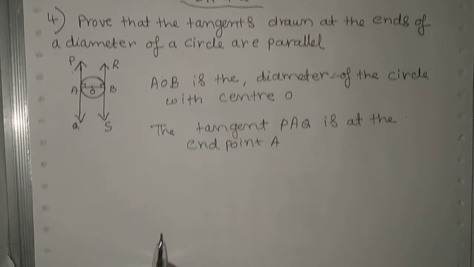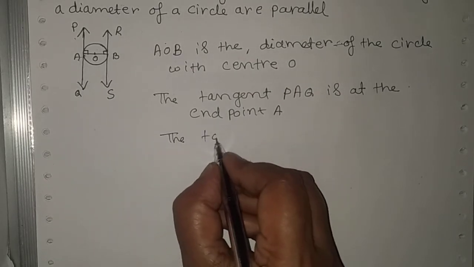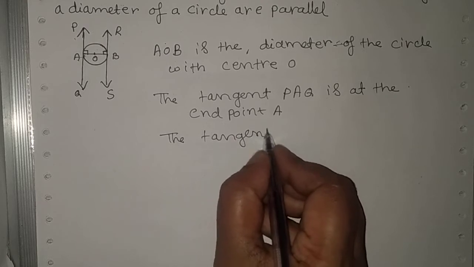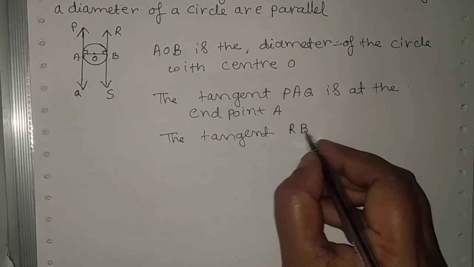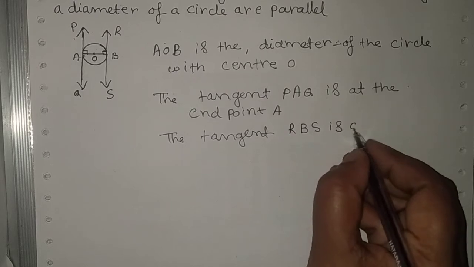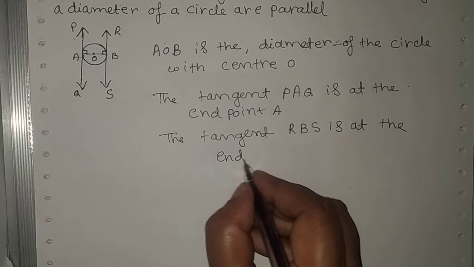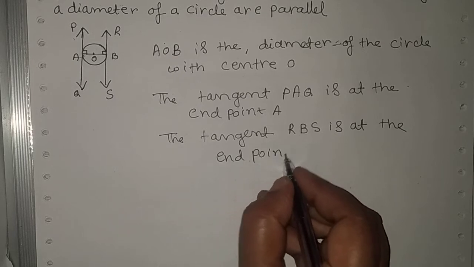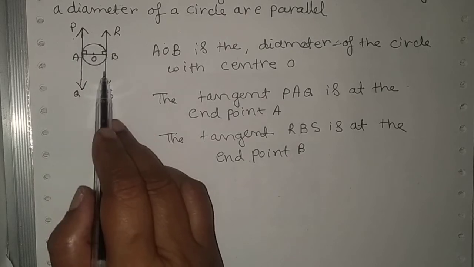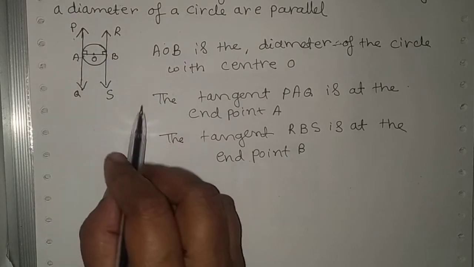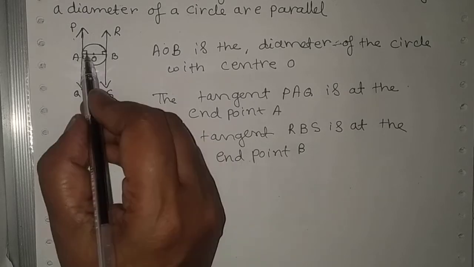This is the endpoint A. Next, the tangent RBS is at the endpoint B. So this tangent is at the endpoint B. After this, so what is OA?